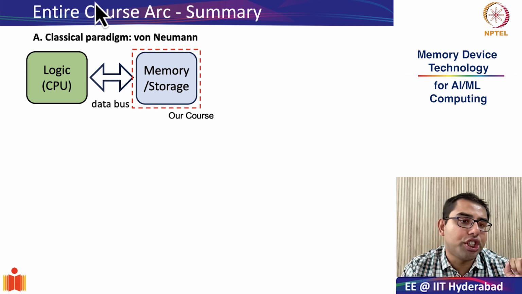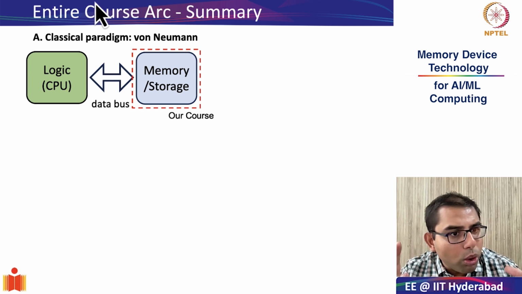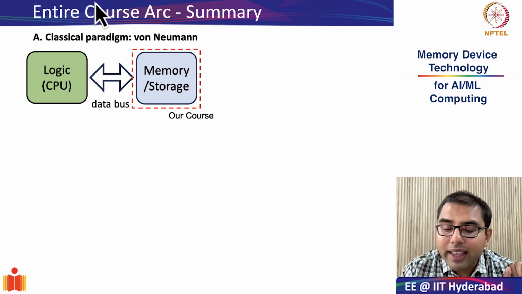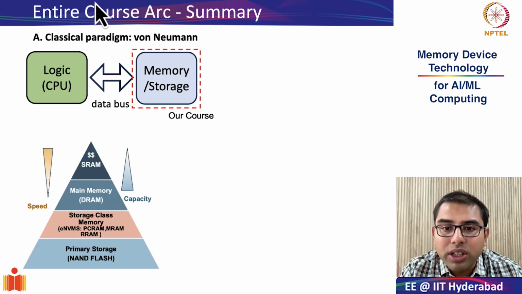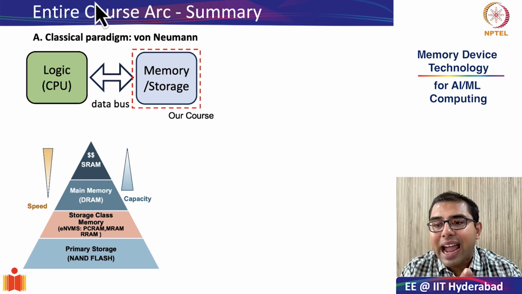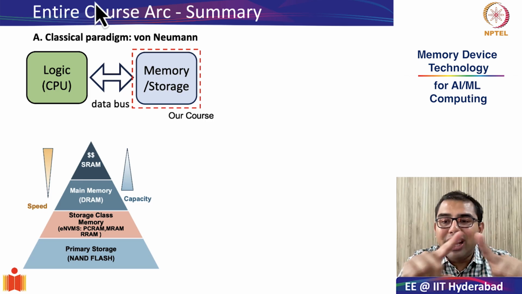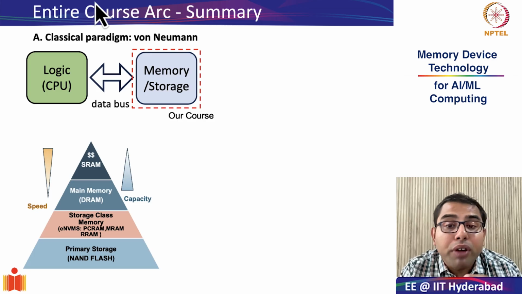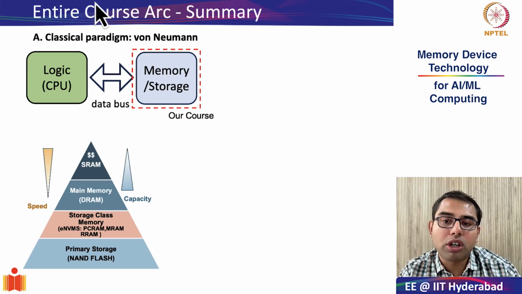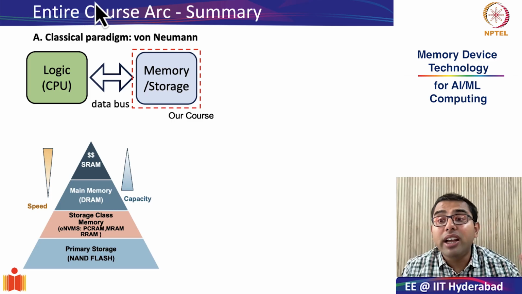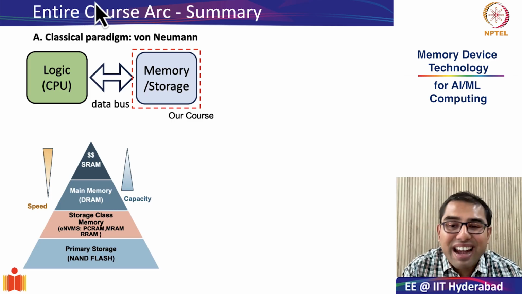Several courses focus on the CPU or logic elements, but in this course, we wanted to focus specifically on the memory block itself. And we began by looking at the entire pyramidal hierarchy of memory and storage, from very fast SRAMs on the top down to DRAMs, storage class memories, and finally primary storage like NAND flash.